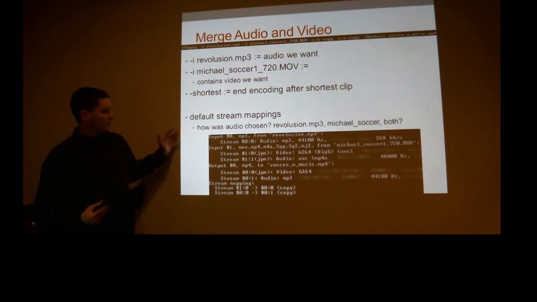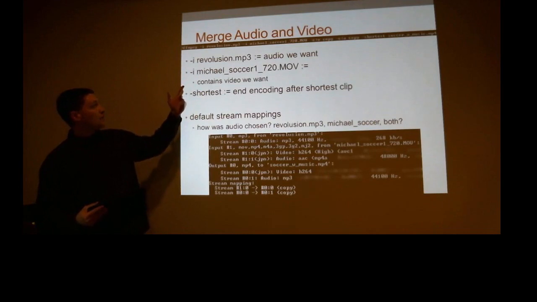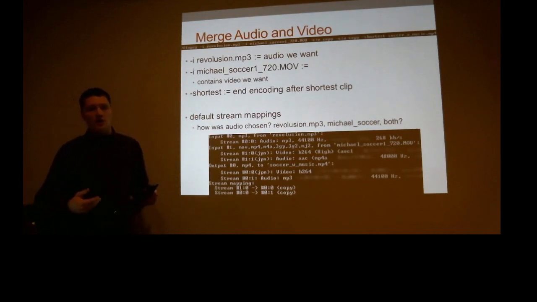Again, this illustrates some defaults in FFmpeg that you need to be aware of. In this output file, we get the video from soccer and we get the audio from the song. But why didn't we get, say, the audio from my son's soccer, or why didn't we get both audios? How did it know which audio to take? There are some defaults that it uses.